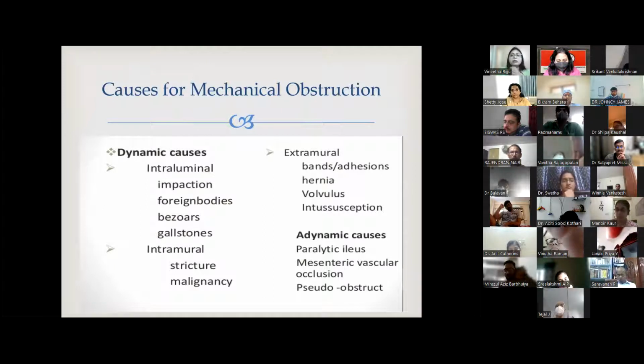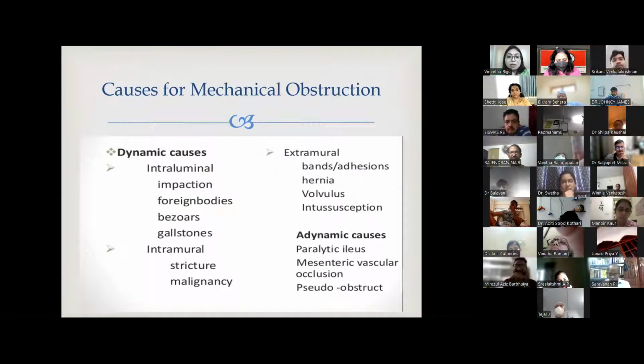Right. So we were looking into what are the causes of obstruction. There were so many, like some of you were saying adhesions, but we didn't get too much into what could be the other reasons. So we were talking about dynamic and adynamic causes. Now, dynamic causes is because there is something sitting there.